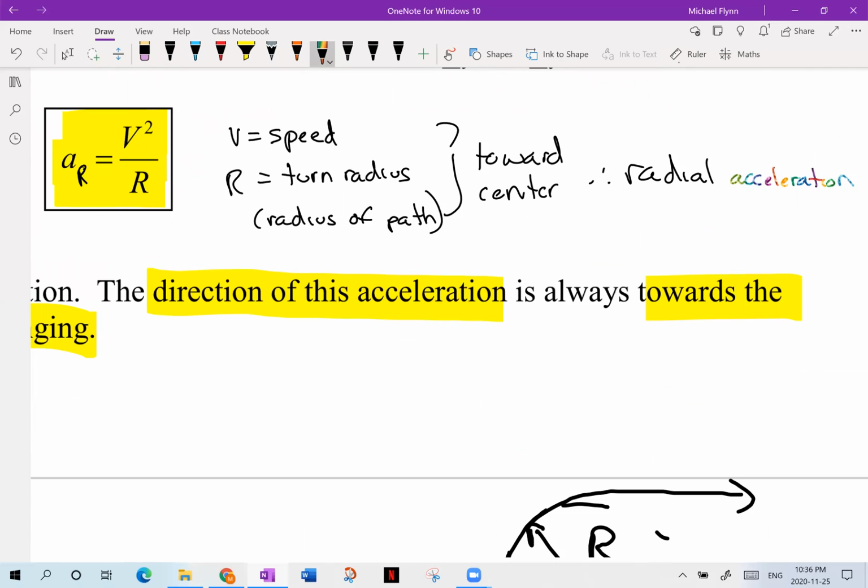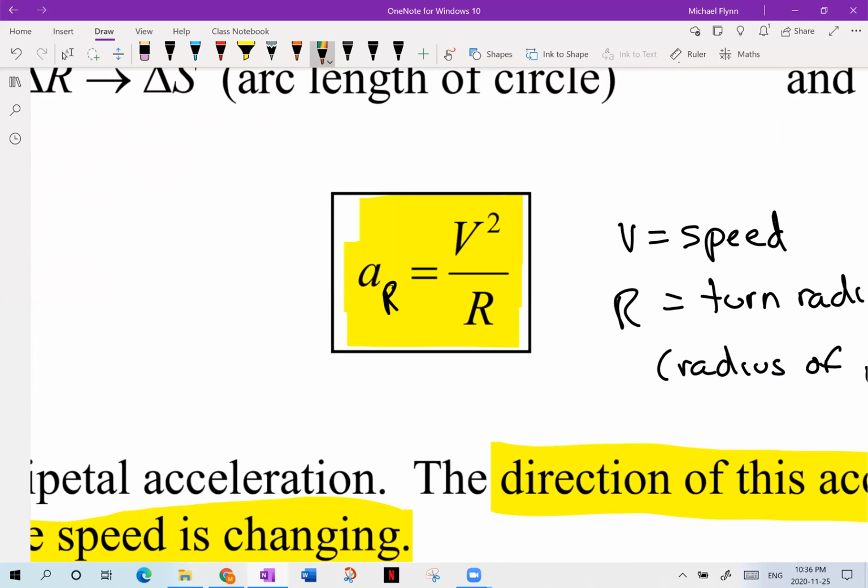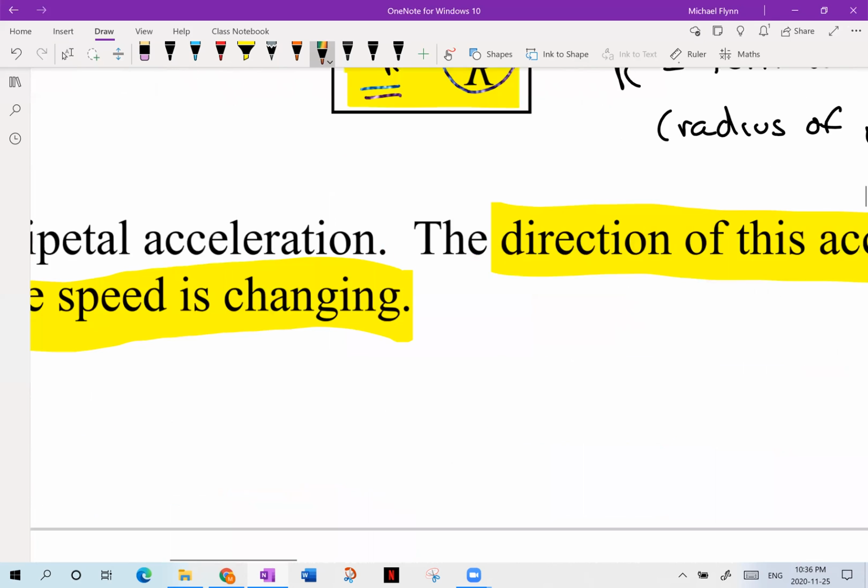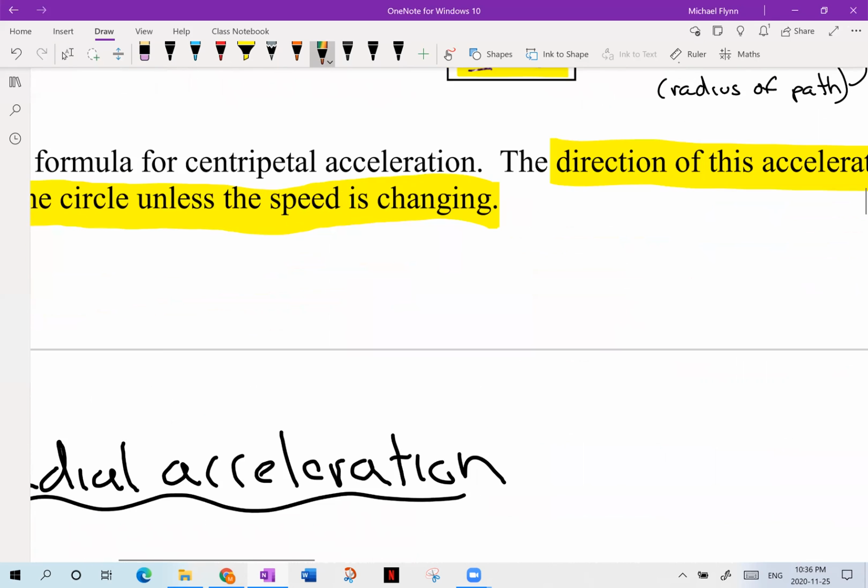Not much, okay? Whenever you're moving in a circle, you have a component of acceleration towards the center of the circle that's equal to v squared over r. So it's this formula here, and the direction of that acceleration is toward the center. So I call it radial acceleration. So we're going to call it a_R, A with a subscript R, standing for radial acceleration.